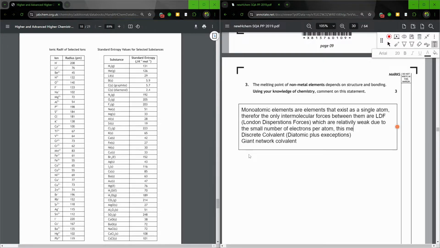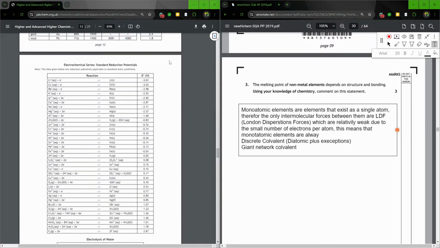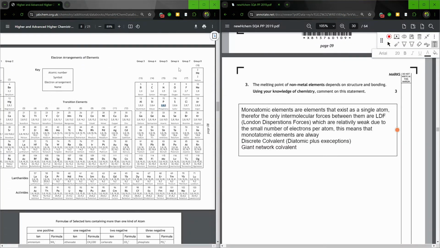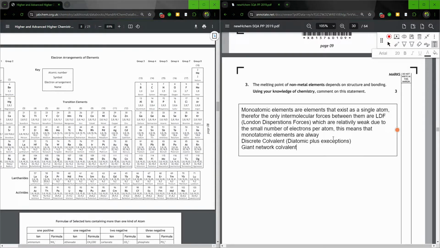This means that monatomic elements are almost, I think we can say always, because if we look at the periodic table real quick, all the monatomic elements are on the side here, and they're all gases, so always gases at room temperature and pressure.